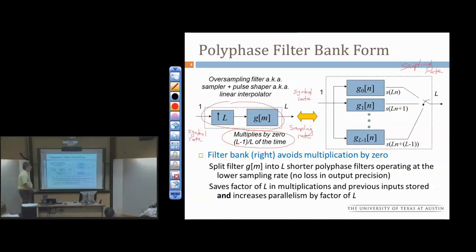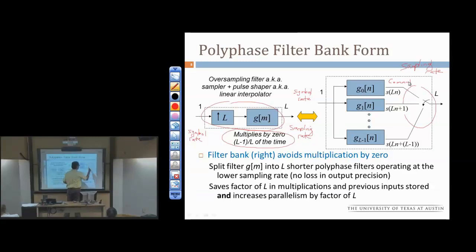It's sort of an interesting switch, because I'm doing the filtering at the symbol rate, and then I do this periodic read, known as a commutator, to do the rate change. Good. So in that commutator, every time you take a sample, you take the sample from the next filter.